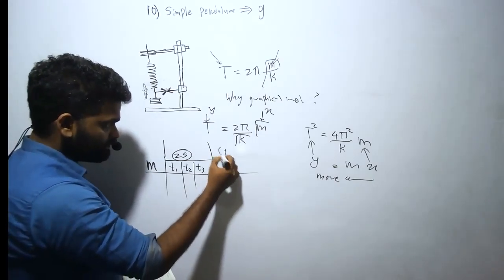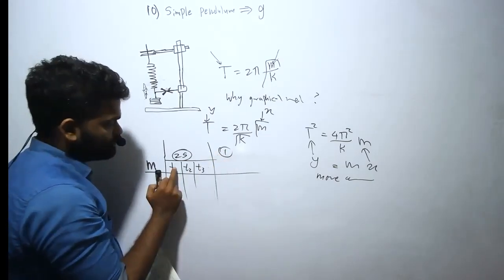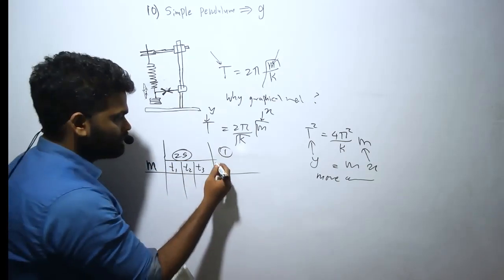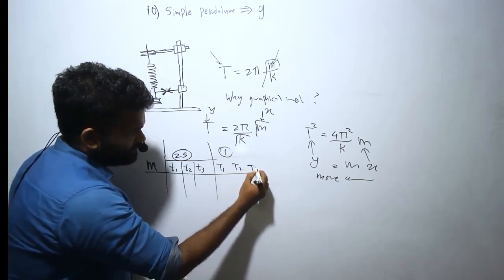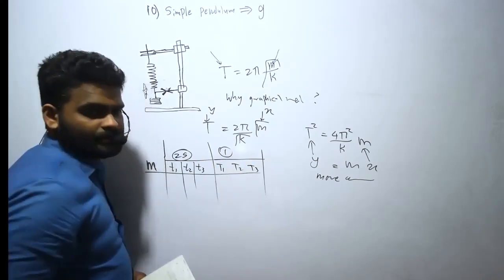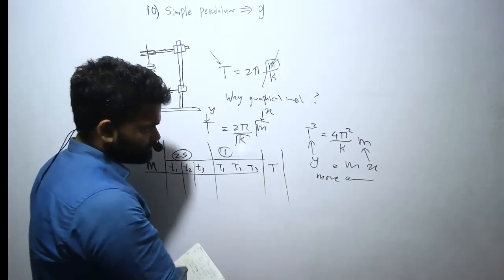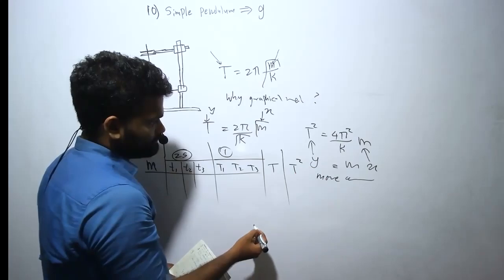Then you have to determine that for one oscillation. Then you divide T1 by 25 or 40, whatever recommended. So T1, T2, T3. Then you get the average. That is T. Then you get T squared.